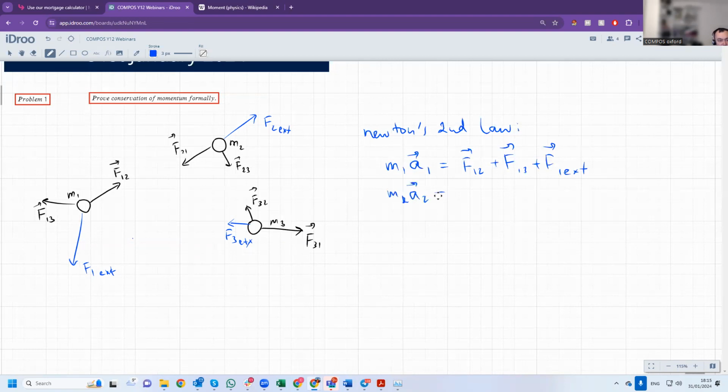M2A2 is going to be F21 plus F23 plus F2 external.